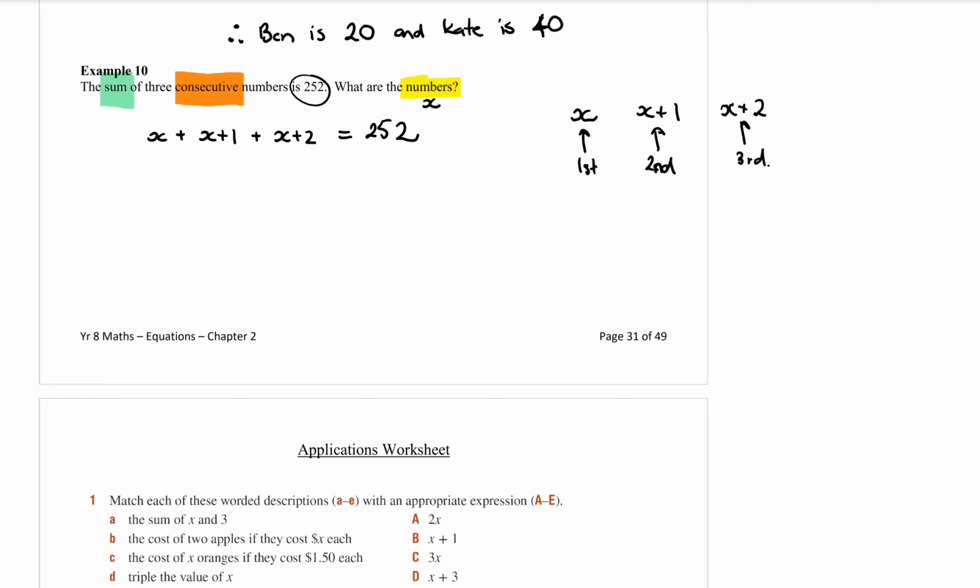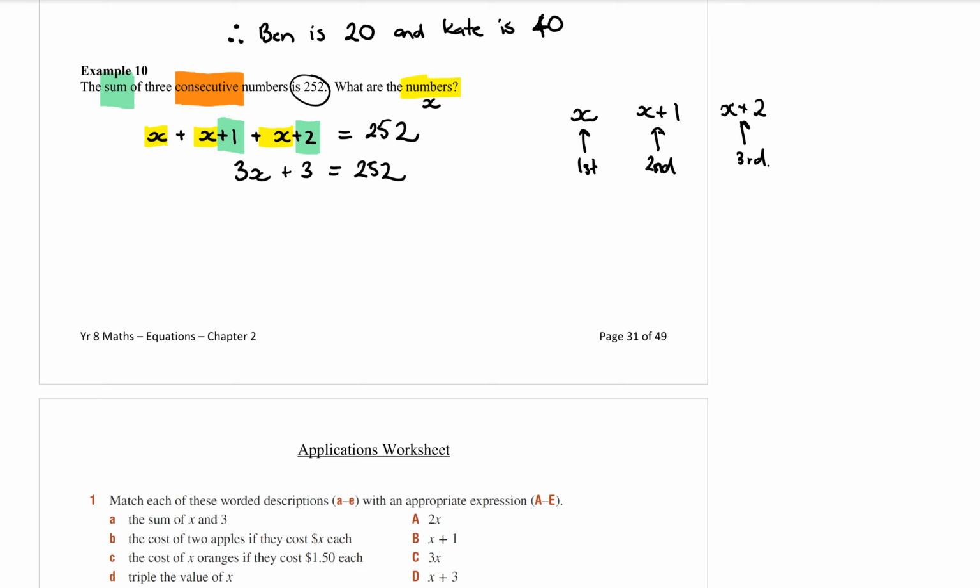Now we have got quite a few things in here that we can collect up. x plus another x plus another x, that is 3 x's. Now we also have some terms in there that don't have any letters, so they are like terms. Plus 1 plus another 2, that makes a positive 3, so plus 3, and that is equal to 252.